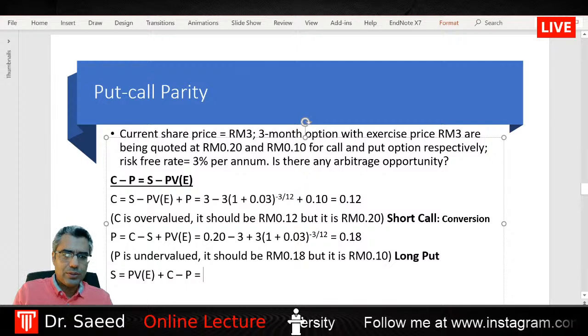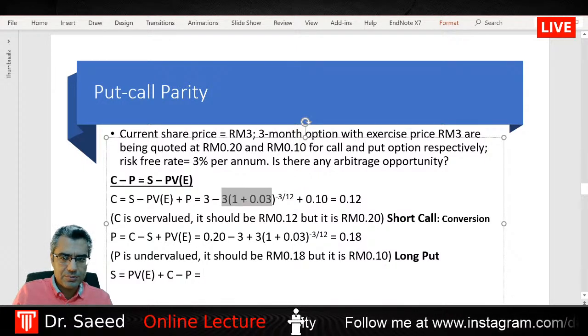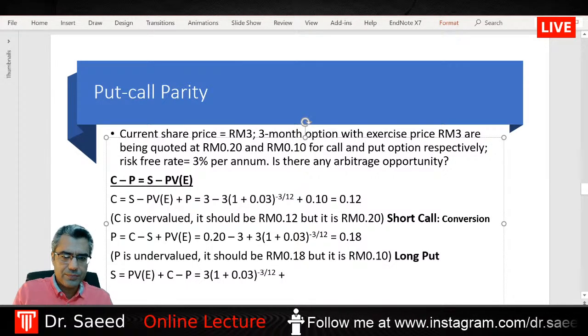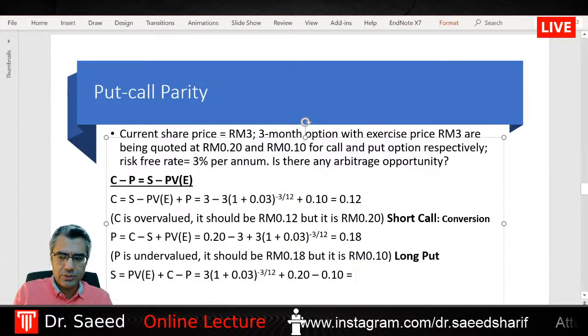Now the present value of the exercise price I have here, plus call price of 20 cent, and put price is 10 cent. If you do the calculation, you will get 3.08 ringgit.